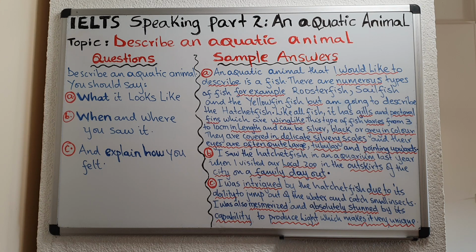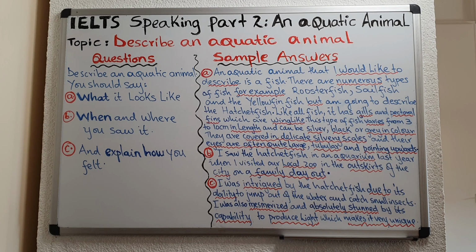So I will make sure that the examiner can feel the feelings in my voice through the use of intonation. I was intrigued by the hatchet fish due to its ability to jump out of the water and catch small insects. I was also mesmerized and absolutely stunned by its capability to produce light, which makes it very unique.